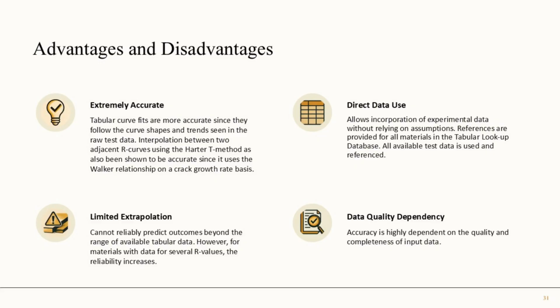Now, it's extremely accurate. Of course, the more stress ratios you have, the better it's going to be. We're using a direct table lookup, so we can have the experimental data directly. We can fit the data directly. Now we have to be careful when we extrapolate always, but if we have more than 2 R's, we can use them.